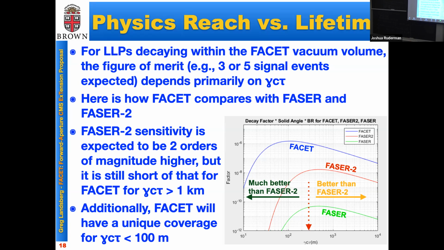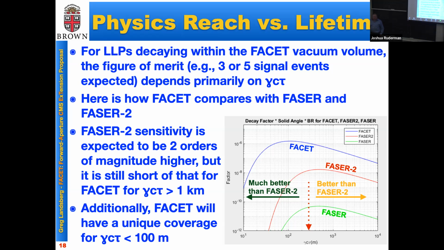It peaks much earlier because we are sitting closer, at 100 meters, and the solid angle is much bigger, so your sensitivity is much bigger. So there's no competition for low gamma c tau, up to a couple of tens of meters, and at large c tau we will be doing about an order of magnitude better.